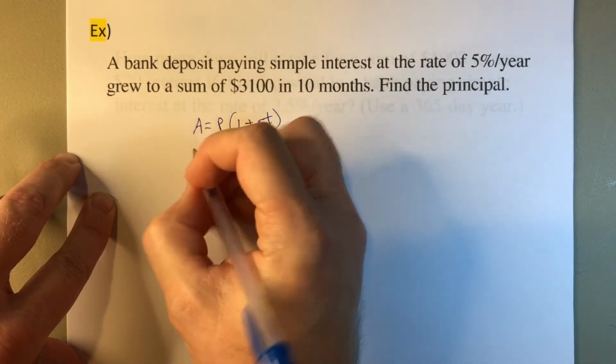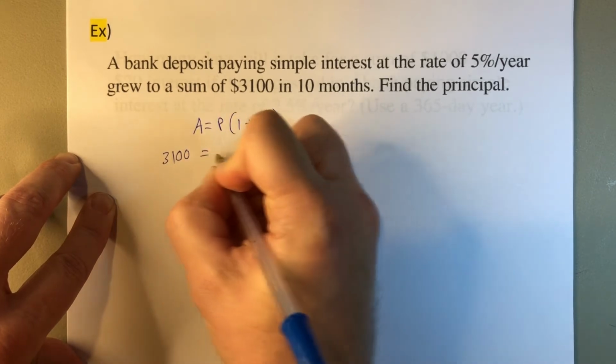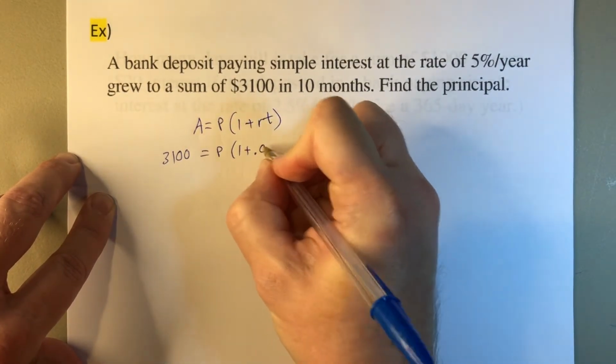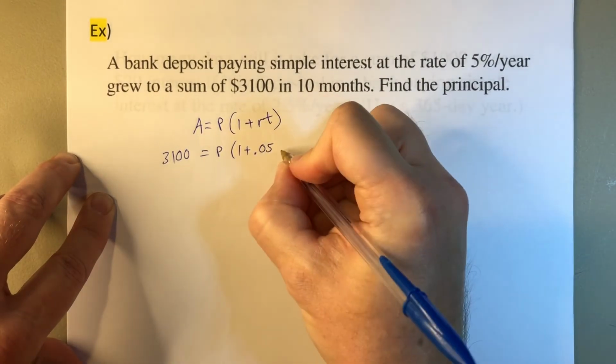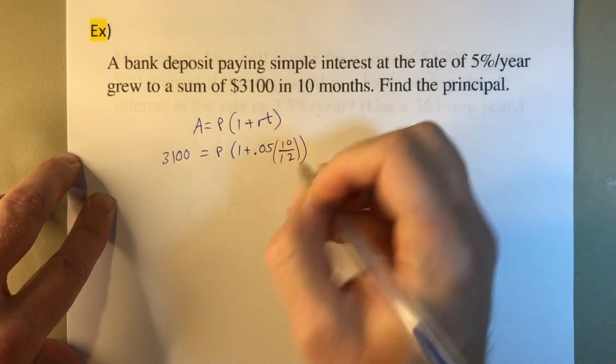And we just plug in the information. So A is the accumulated amount. So that's 3,100. P is what we're trying to solve for. The rate of interest is 5%, so 0.05. 10 months, that's going to be 10/12 of a year.